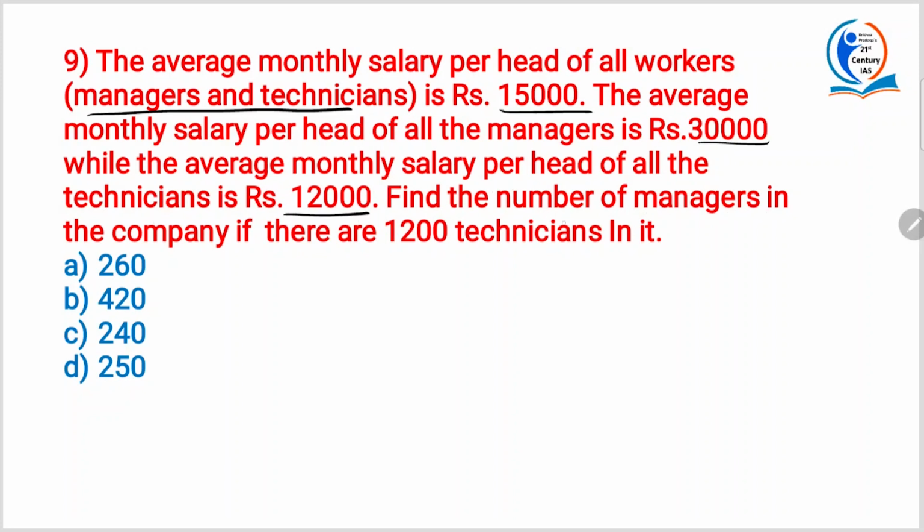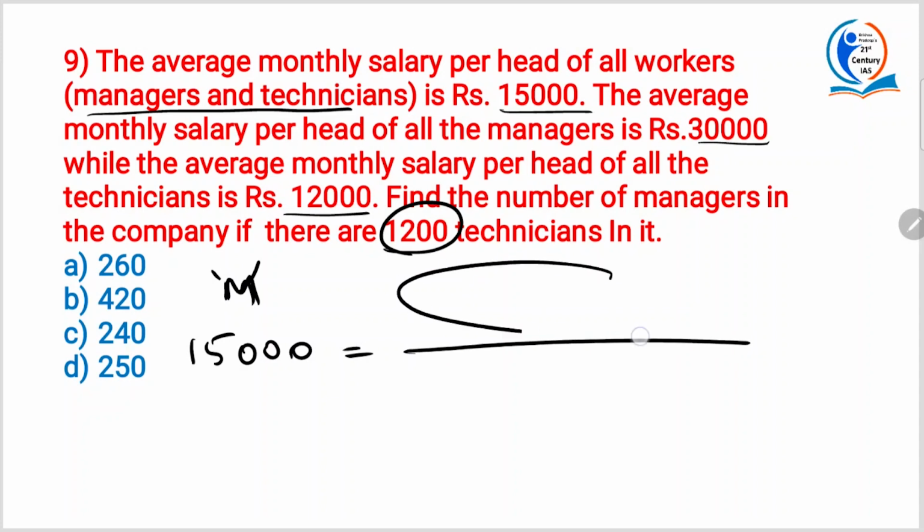Find the number of managers in the company if there are 1200 technicians in it. Okay. So if we write capital M to be the number of managers in the company, then what is the average given? Average is 15,000 rupees, no? 15,000 rupees is the sum of all the salaries by total number of people.